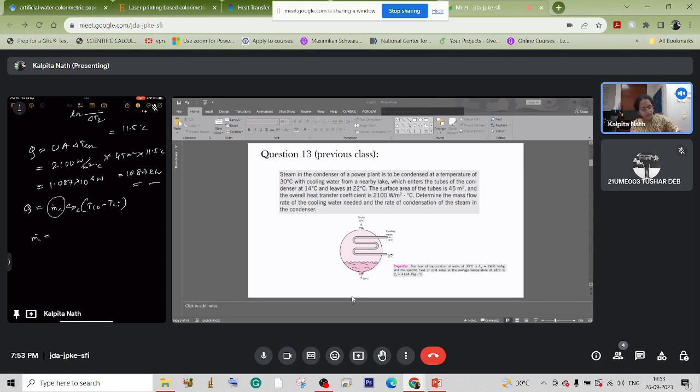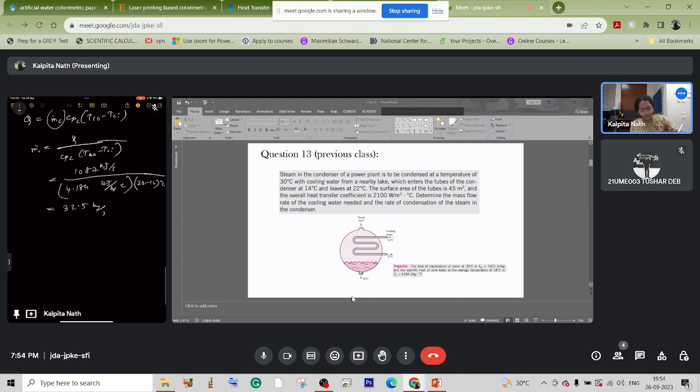So mc dot is equal to Q upon cpc (tc naught minus tci). So Q is already given as 1087 kilojoule per second upon 4.184 kilojoule per kg degree Celsius, and this is 22 minus 14 degree Celsius. So this will come out to be 32.5 kg per second.